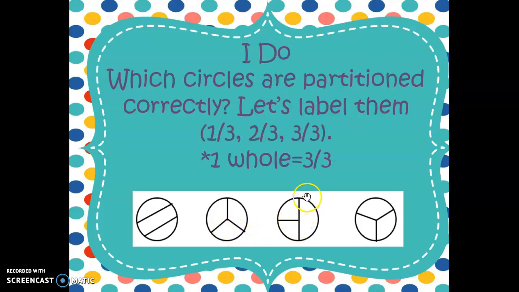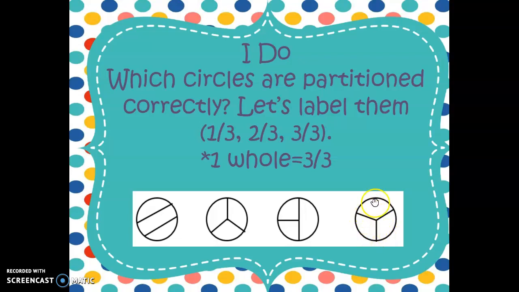Over here we have the whole half here, and then the two pieces over here. So this is definitely not partitioned correctly. And here we have another peace sign, or if you want to look at it as a Mercedes symbol. This is also partitioned correctly. So if we look at this, we have 1/3 here, 1/3 here, and 1/3 here.